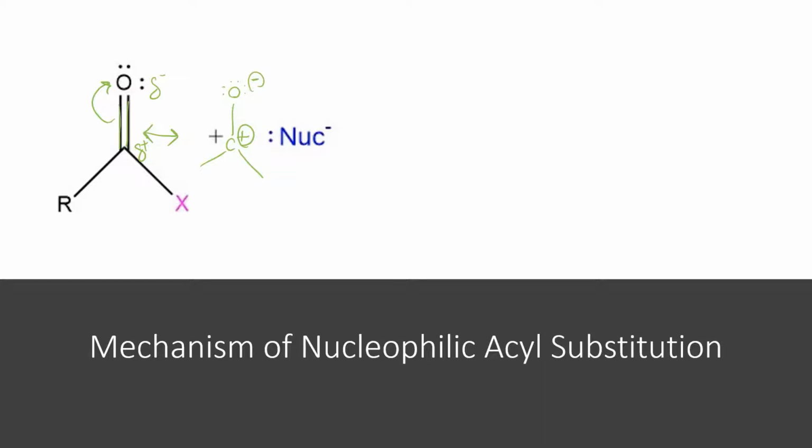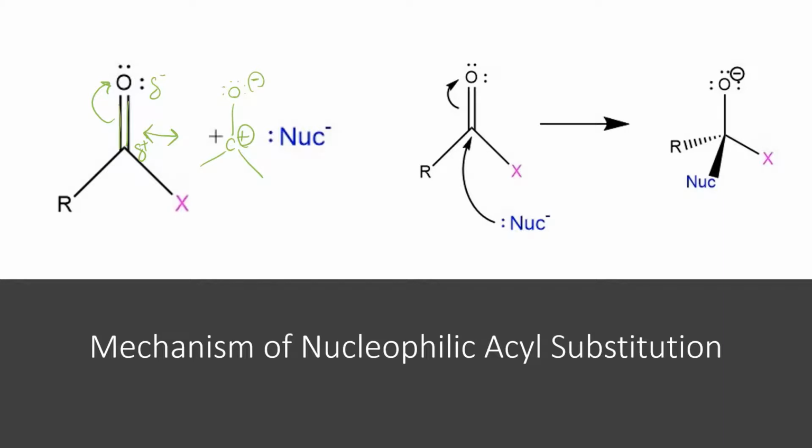This primes that carbon atom for attack from that nucleophile, which is exactly what we see happening in this mechanism. We have a strong nucleophile with that electron pair that bonds to this carbon atom that has that positive partial charge, and that pi bond shifts its electrons up to the oxygen, and we get this tetrahedral intermediate because the carbon is bonded to four different things here.